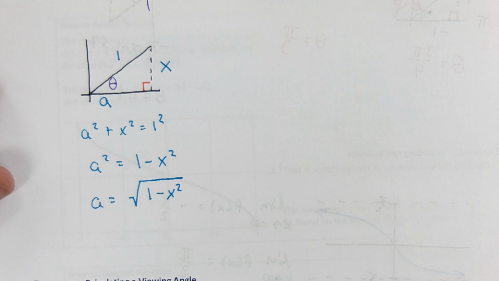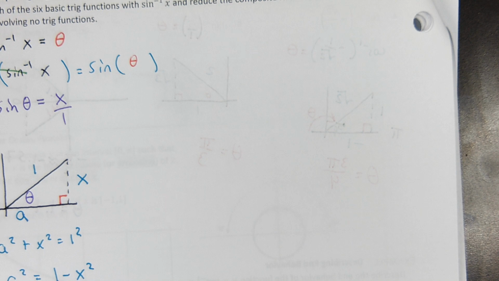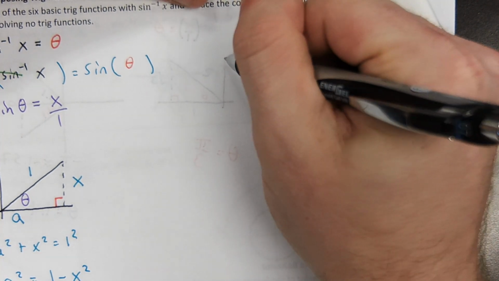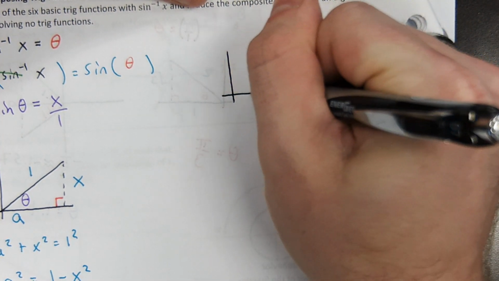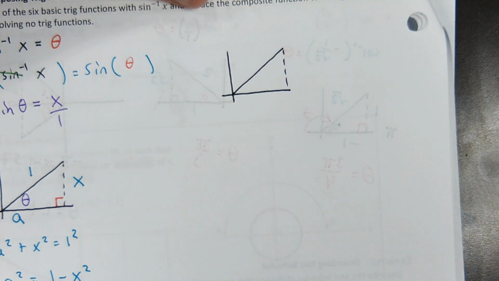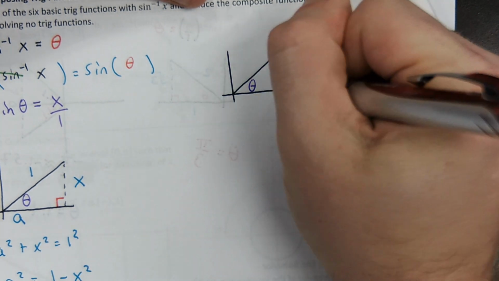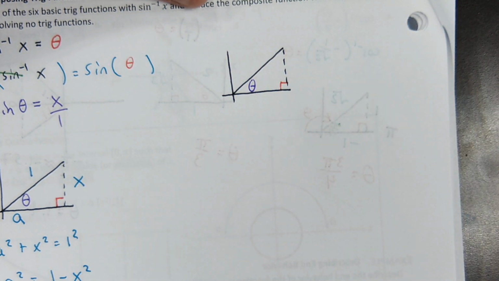Let's go ahead and redraw the triangle where I have more space. Only this time it won't say A, it'll say square root of 1 minus x squared. So again, I am in quadrant 1. I have some triangle. I have theta. I know it's a right angle. And my side lengths.